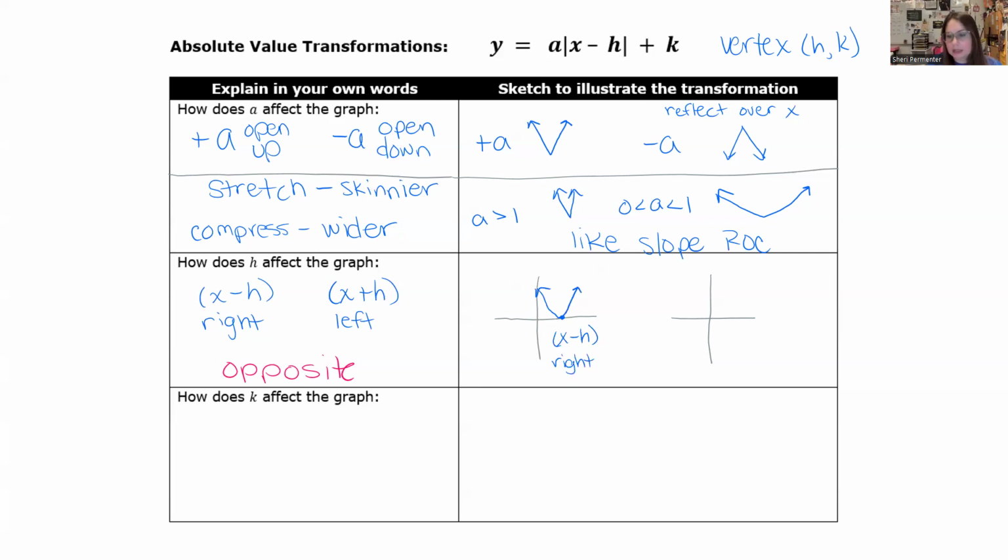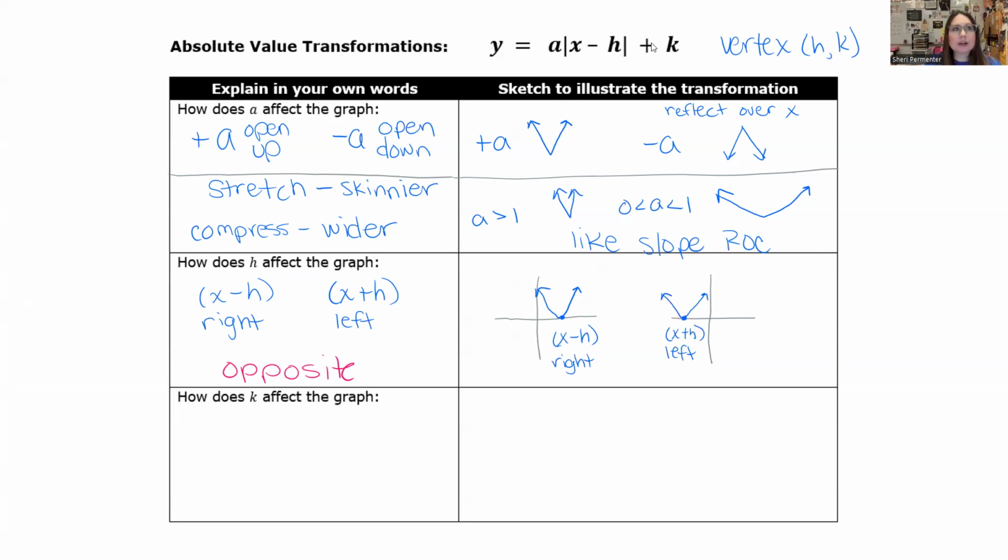And when you have X plus H, you're going to move left. Okay, so H goes with X and it moves you left and right, but it moves you opposite. So minus goes right, plus goes left.